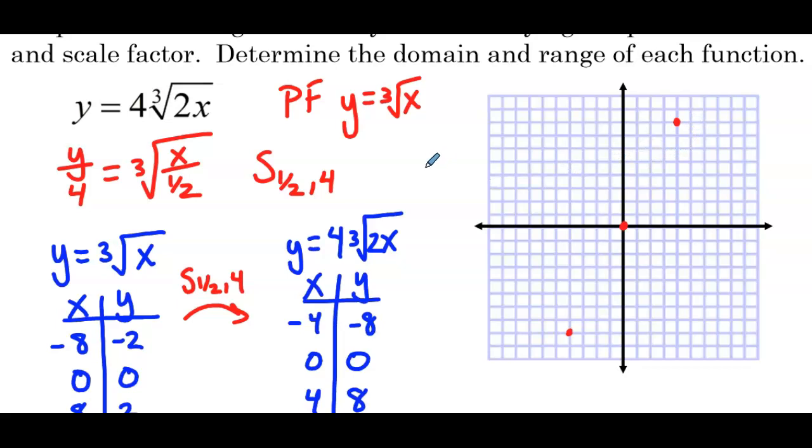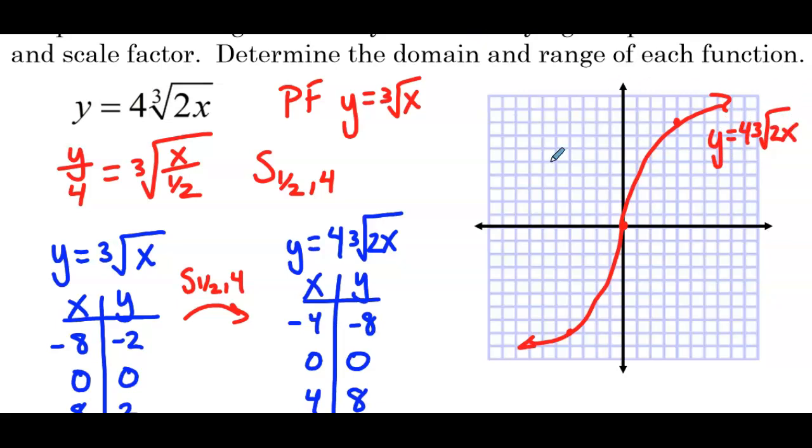And this is helpful to know what this graph looks like. Because there's only 3 points, a better understanding of what this graph is supposed to look like helps us out here. So we want our graph to look like this. Okay, so that's y equals 4 cube root of 2x.